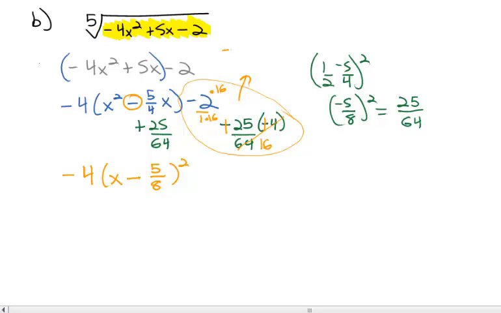And that gives us negative 32 over 16. And now it's plus 25 over 16. Negative 32 plus 25 is negative 7, so negative 7/16.